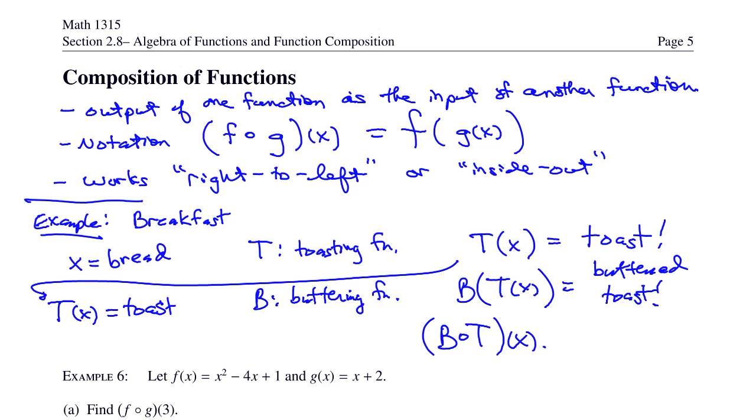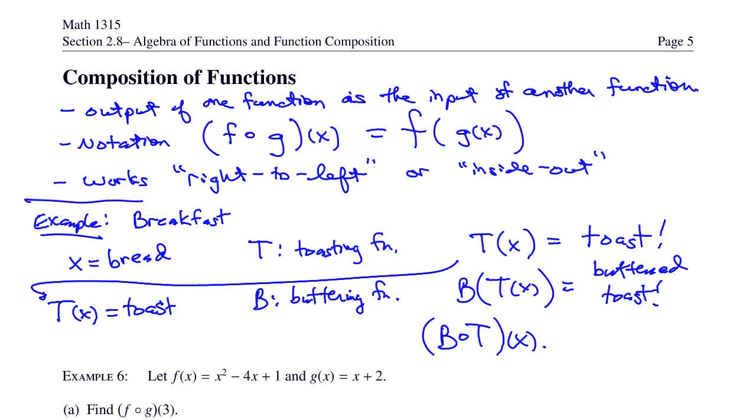Now, suppose x is not bread. What else could you put in the toaster? Like one of those little bagels, you could do that. So then you have toasted bagel. Then you run that through the buttering function, and you get buttered toasted bagel. You could put butter on a bagel.